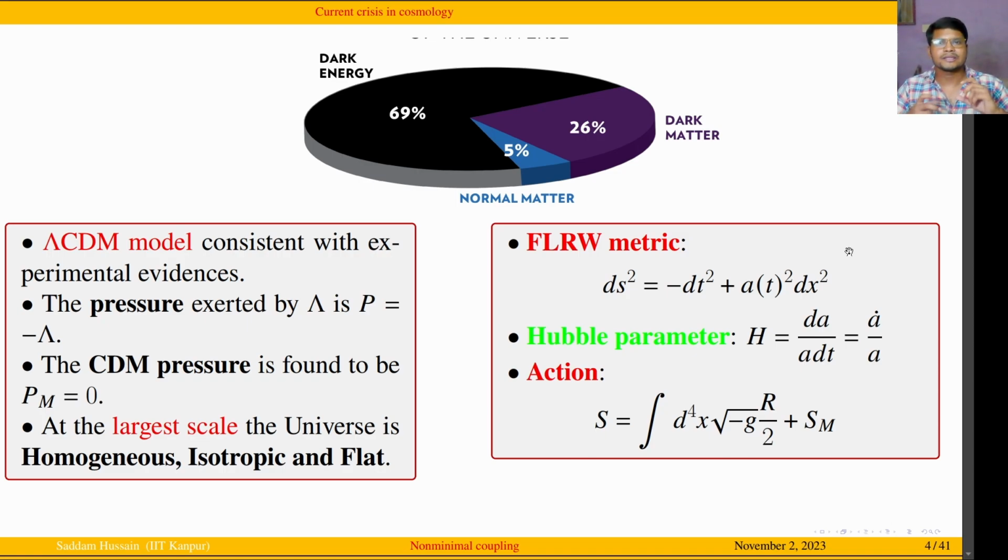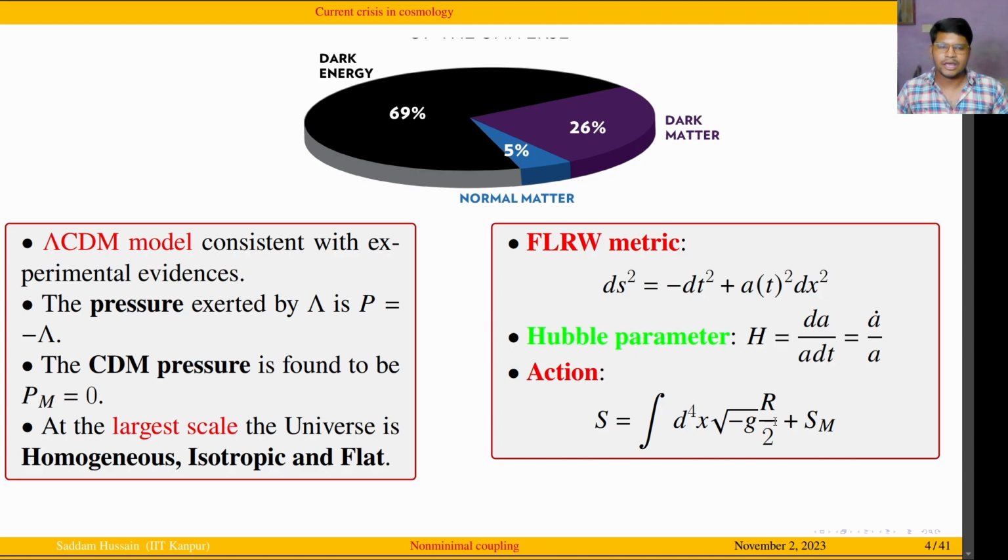First of all, we can understand this construction from the action. So first we can write the Einstein-Hilbert action, which is on the left side. You can see over here that R is the Ricci scalar, and square root of minus g is from the metric, and then S_M, whatever the constituents of this universe are, we can simply add. This simple addition of the matter in this action is called the minimal coupling framework, right?